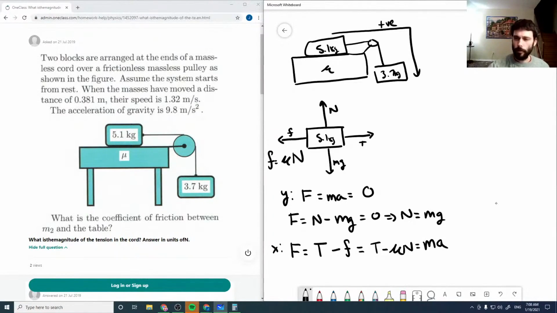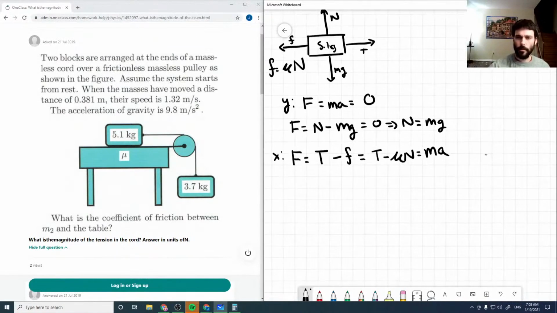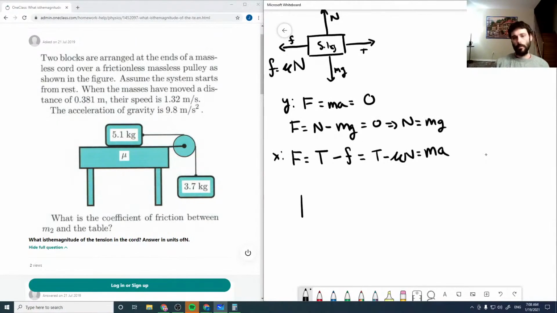So for our 3.7 kilogram mass, we would have mg and tension, but we want this to be our direction of positive travel.